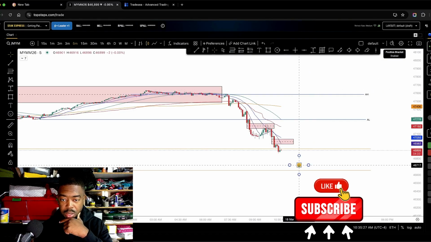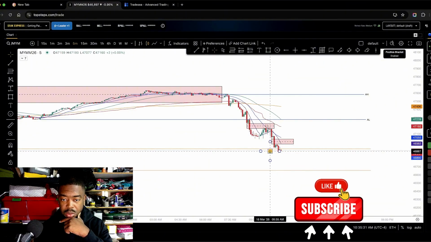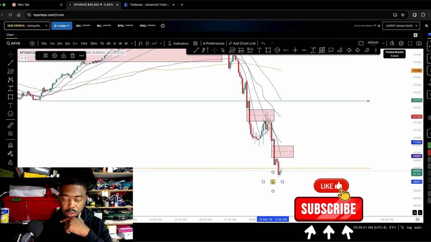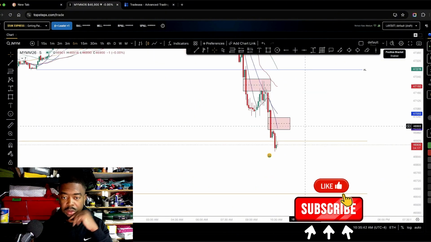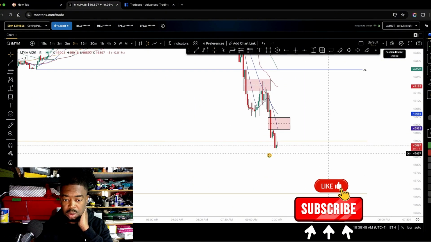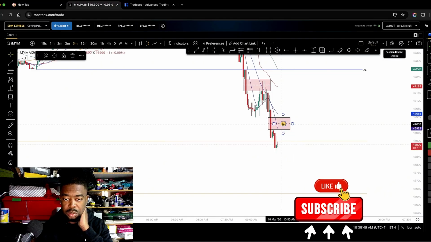But with my entry, especially being that this little gap didn't form and was closed in a sense off of this red candle, the drop right here, I would be looking for an entry inside of here.